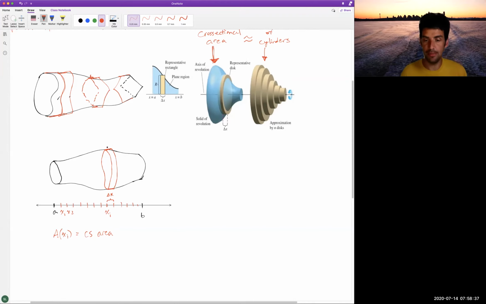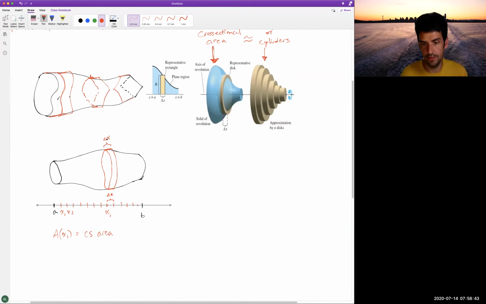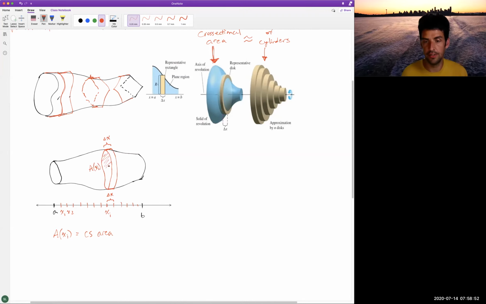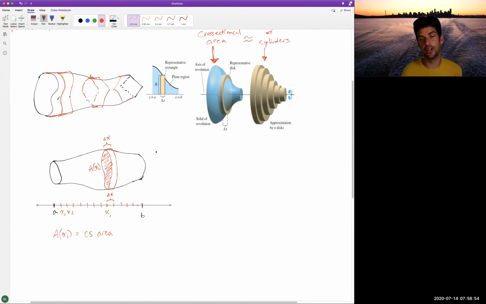So this red shape has width delta x, and the area of the face is A of xi, the cross-sectional area of this slab.